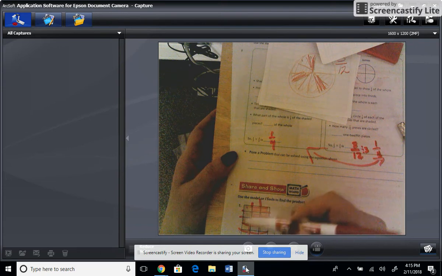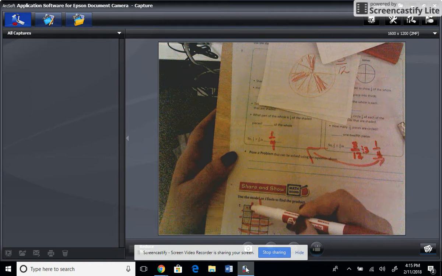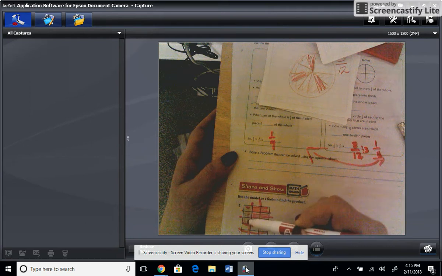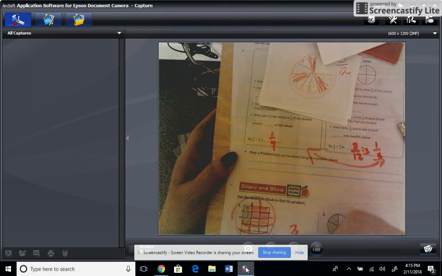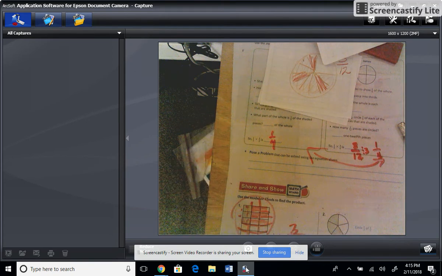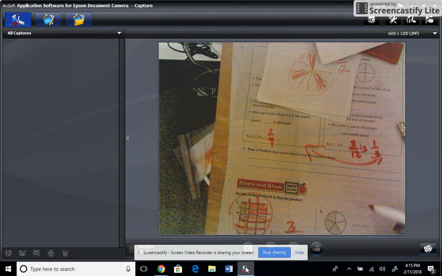Here, we broke it into 3/5. So we had 5 parts. The denominator told me how many parts. The numerator told me how many I was supposed to shade. And here, I already have it broken into thirds now, and I need 2 of those. So what do I get? 2 out of 3, so 2/3.